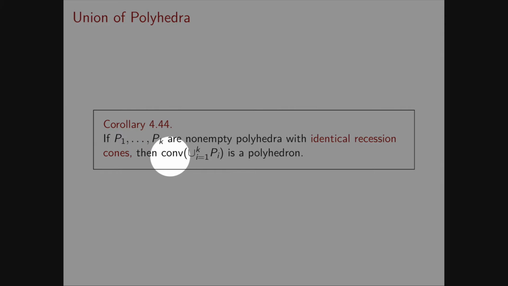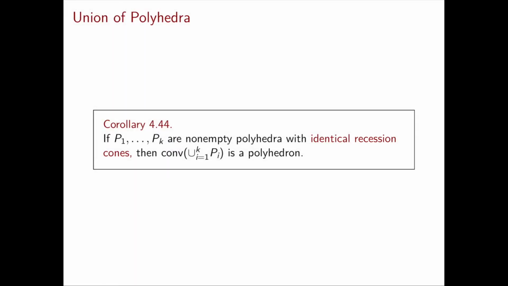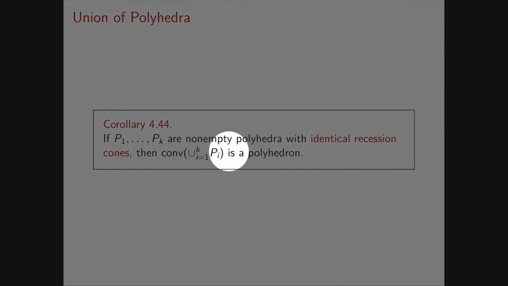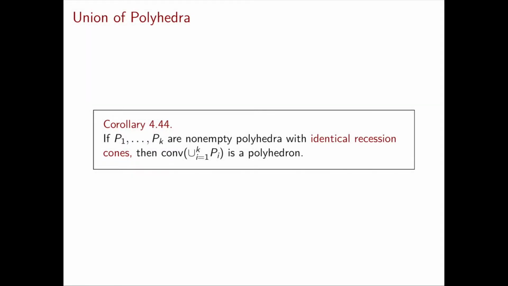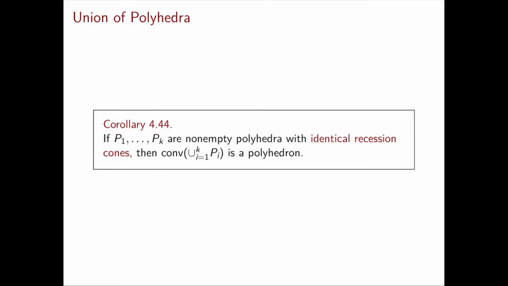So here, if we have that the Pi's are non-empty polyhedra, as in the previous theorem, but we also assume that they all have the same recession cone, then the convex hull of the union of the Pi is a polyhedron, and so it coincides with the closed convex hull of the union of the polyhedra. Therefore, under this more restrictive assumption, the previous extended formulation is an extended formulation for not only the closed convex hull, but also for the convex hull of the union of the Pi's.